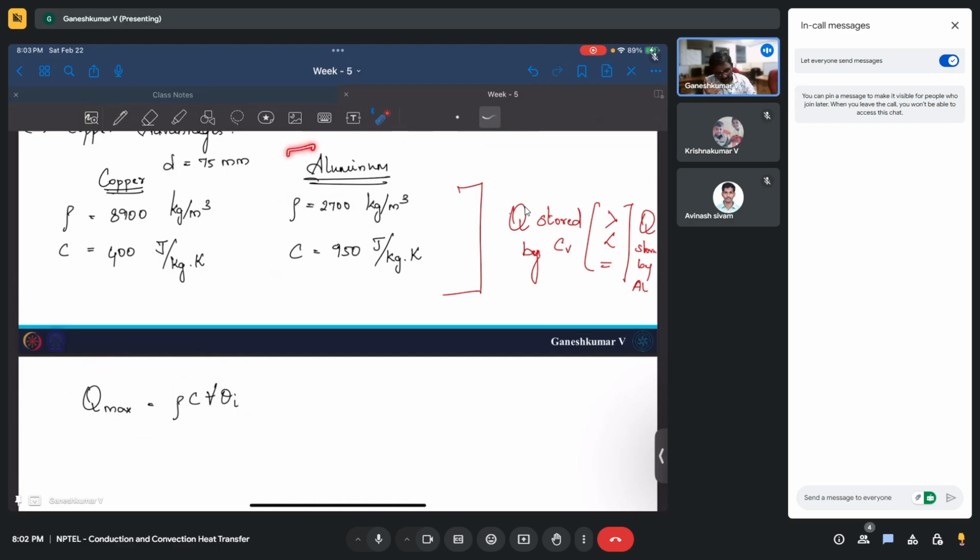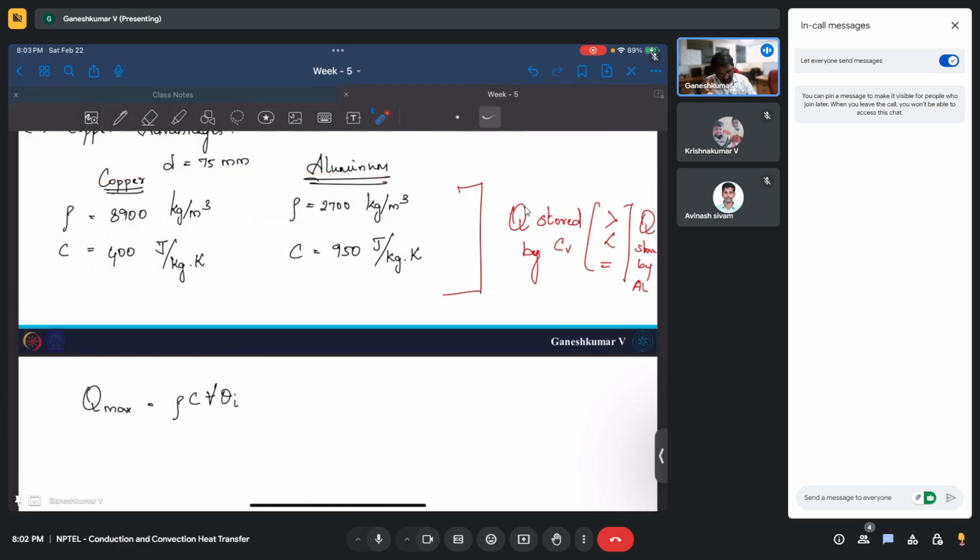So you have aluminum, which is 2700 and 950, which has lesser density but higher specific heat compared to copper. Copper has higher density but low specific heat. So which means not just the specific heat decides whether the Q is increased or decreased. It also depends upon the mass.